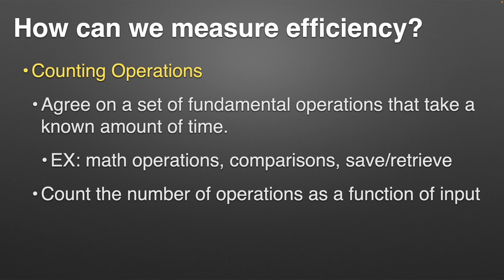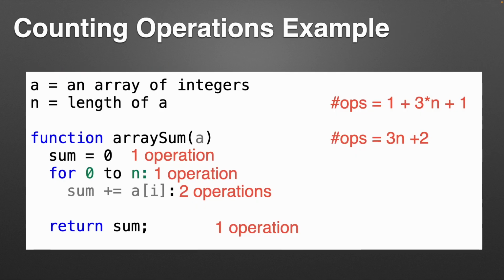And then we just count up how many operations this code will do based on an input size. This was a little bit better, but it still kind of depended on the exact implementation of what was going on. You can make choices as a programmer that would have more operations or less operations, and they're really not important to the actual algorithm that we're studying.